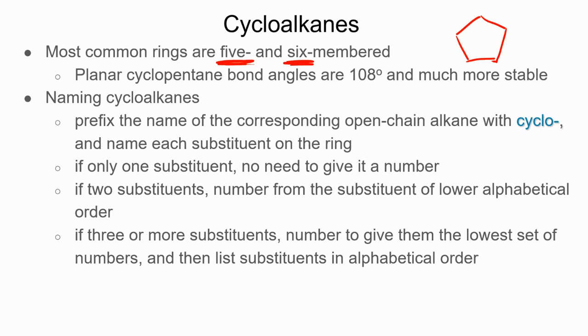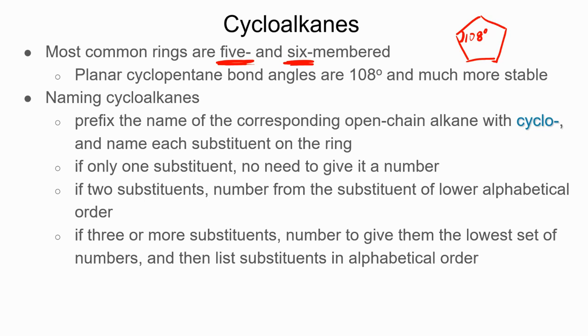But that planar cyclopentane has bond angles of 108. And so that 108-degree bond angle is vastly improved over cyclopropane and cyclobutane's 60 and 90-degree bond angles, respectively. So that 108 is much more stable. And so we'll look at that more in just a second.